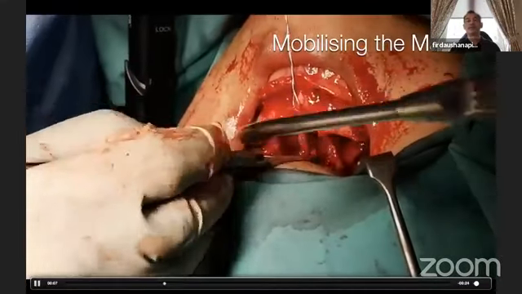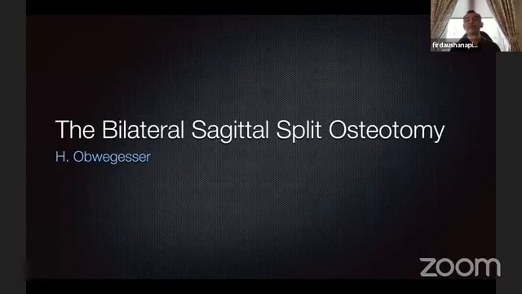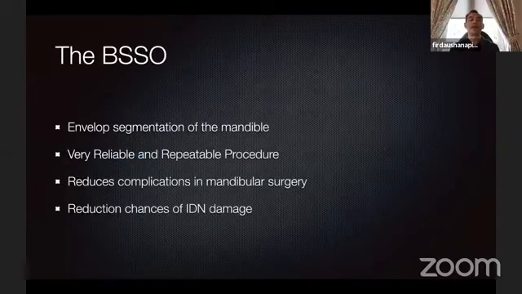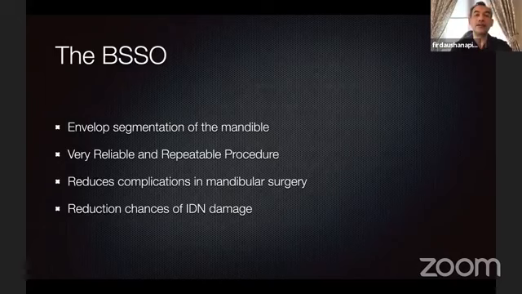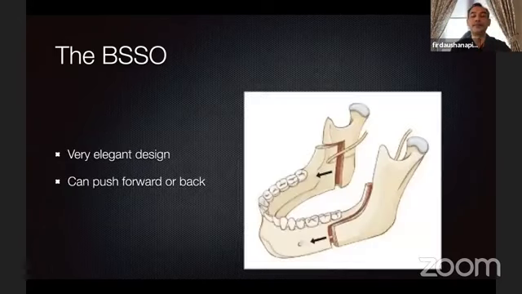So the bilateral sagittal split osteotomy was also pioneered by Hugo Obwegeser. It is a very unique surgical procedure that is like an envelope segmentation on the mandible. It is a very reliable, repeatable procedure, reduces complications in mandibular surgery, and reduces the chances of inferior dental nerve damage.